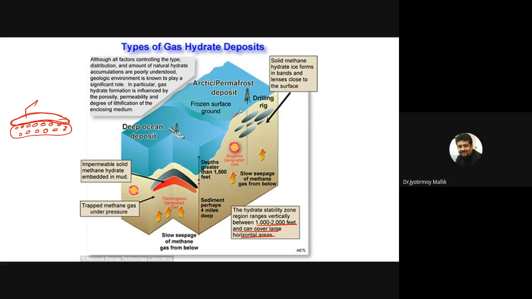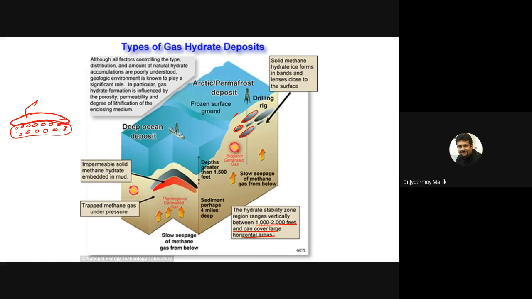So you have to go to a depth greater than 1,500 feet, and then solid methane hydrate ice forms in bands and lenses close to the surface. It might not always be under the sea.